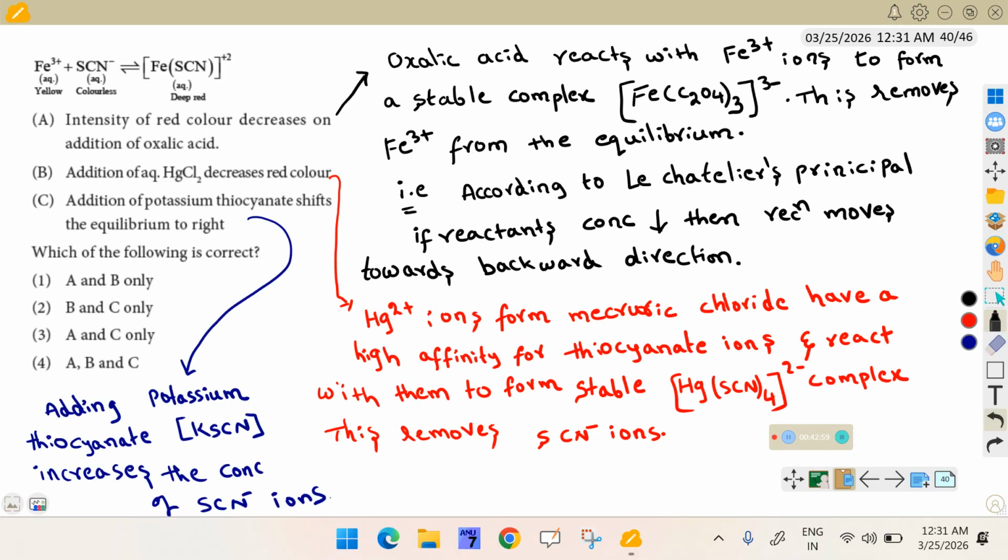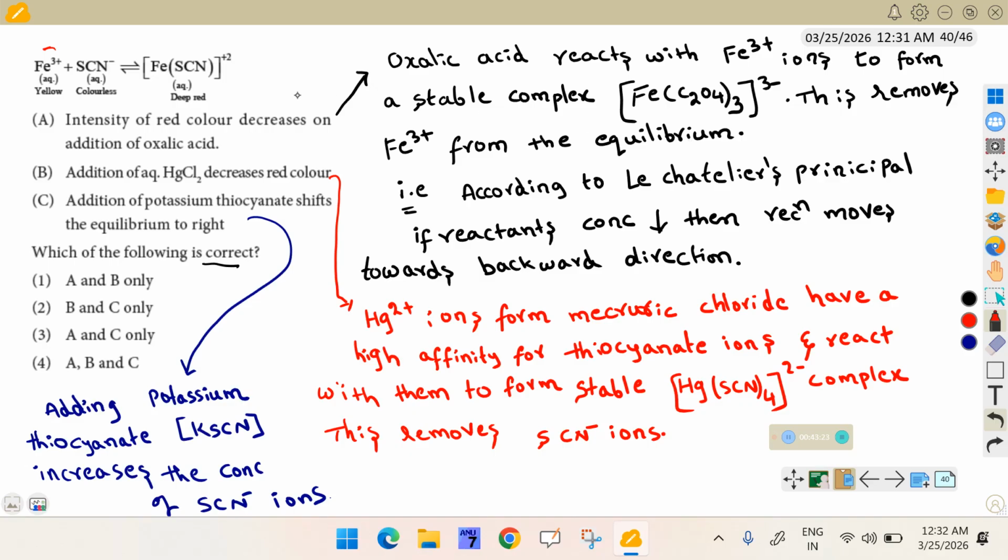Equation is given. 3 statements are given. Which of the following statement is correct? Intensity of red color decreases on addition of oxalic acid. On addition of oxalic acid, the oxalic acid reacts with Fe3 plus ions to form a stable Fe(C2O4)3 3 minus.